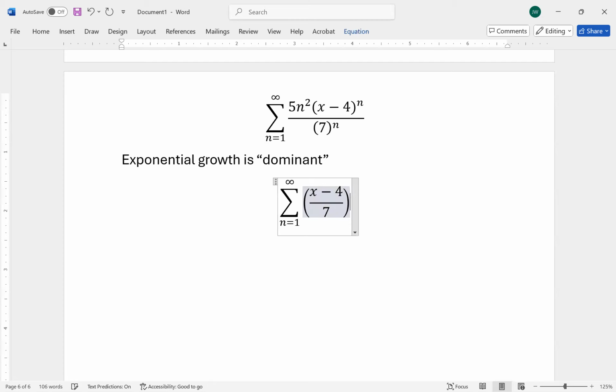Since I have two exponential pieces, I combine them into one single term. And so I'm going to get an infinite sum of x minus 4 over 7 raised to the nth power.